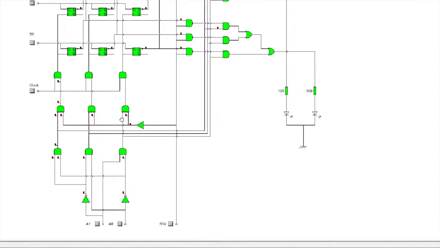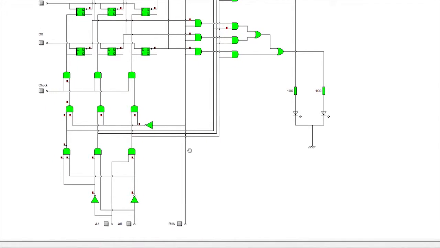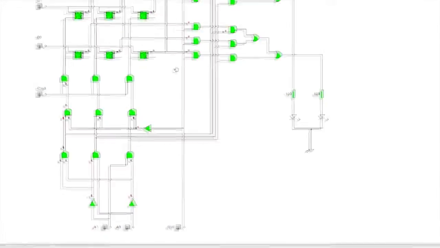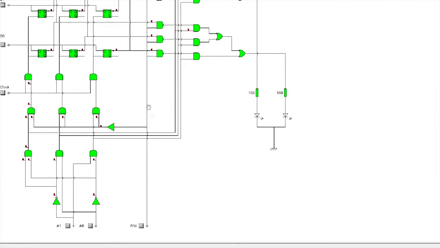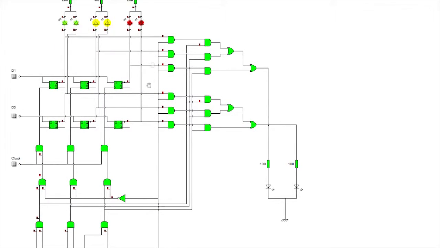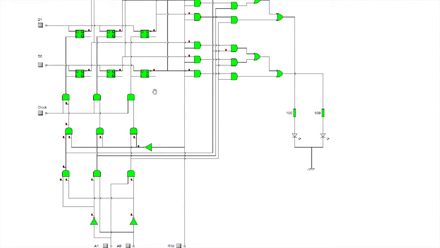If the read and write lead is off, then this AND gate will turn on, making the path open for the address leads. While if it's on, then it will be in write mode, opening the path for the address decoder. It determines whether the circuit should be storing information or outputting the information stored.